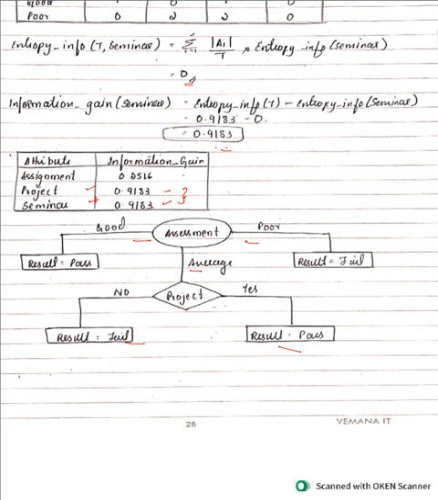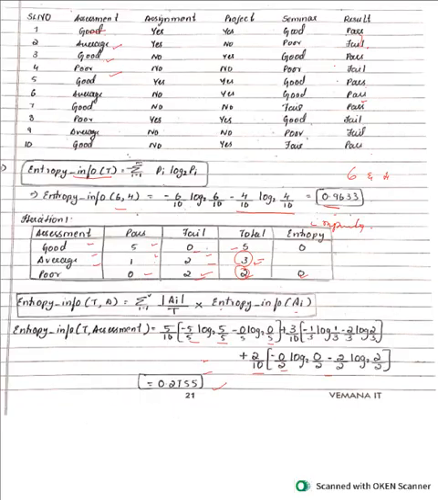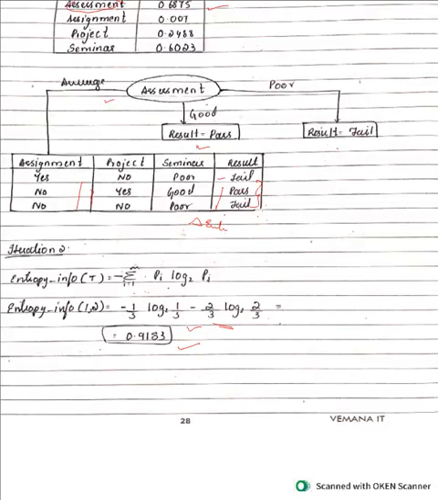If you see the main table, that is the given sample data set, and observe the project column, for yes it is pass everywhere, and for no it is fail everywhere. So for no, directly it is fail. For all the yes in the project column, you have pass. So directly it is yielding the leaf node. In any case you can check, you will get the same answer. Hence, this is the final decision tree that we got.